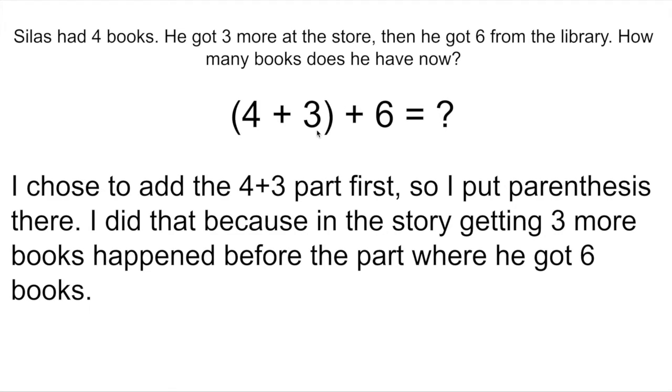I did that because in the story, the part where Silas got 3 more books at the store came first. It happened before he went to the library and got books. Listen again. Silas had 4 books, and he got 3 more books at the store. That was the first thing that happened, so the parentheses go around there. That's the first thing we need to do. After we solve that bit, then we'll add the 6 he got from the library.